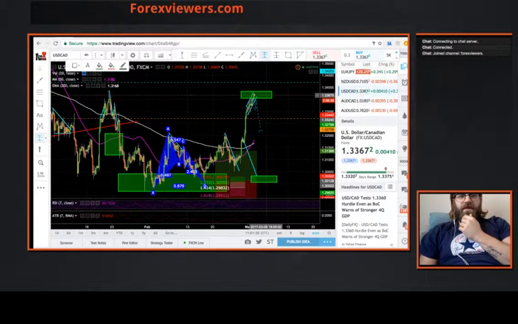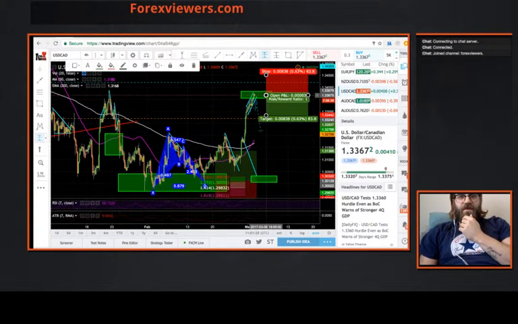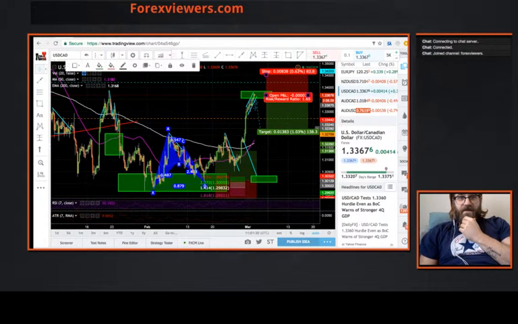And I do think that we could shoot for targets conservatively down in here, somewhere around here. Getting your stop, what's the ATR here?